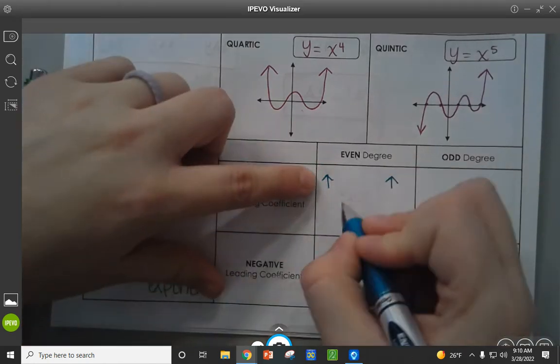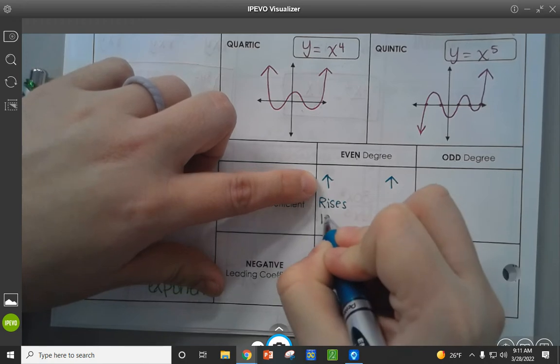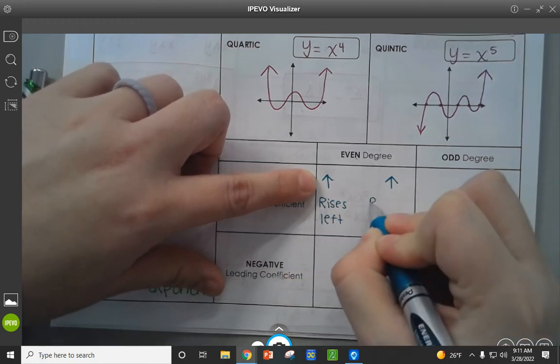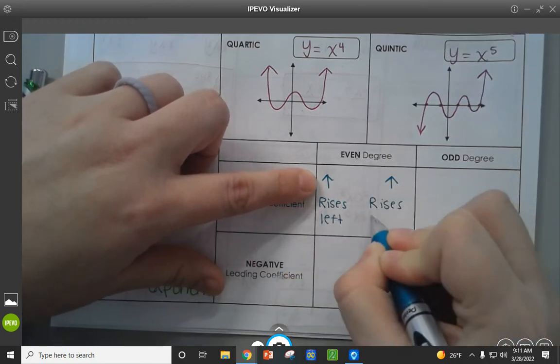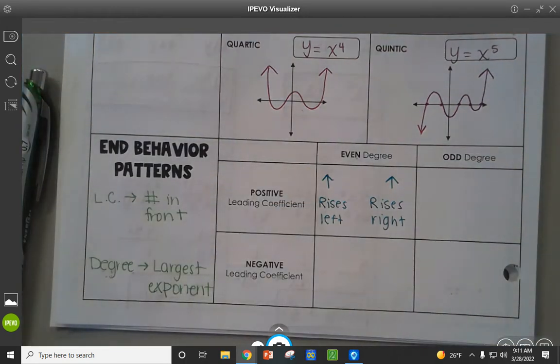And so we would say it rises left, it rises right. So on the left side, it's pointing up, which we call rises. And on the right side, it's pointing up, so it rises on the right.